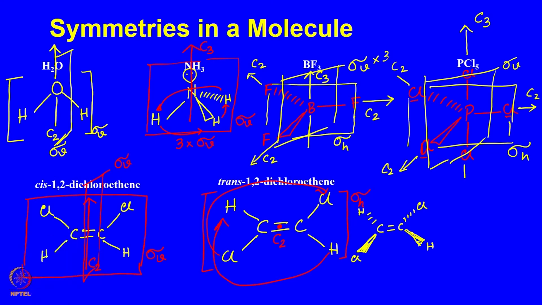Now here this two-fold axis is in the plane of the projection, in the plane of the CC bond, and the plane which is perpendicular to the plane of the CC bond and perpendicular to that C2, this is my sigma H. Therefore, this molecule has C2 and sigma H and no other symmetry element. So, by symmetry, cis 1,2 dichloroethane is different from trans 1,2 dichloroethane.